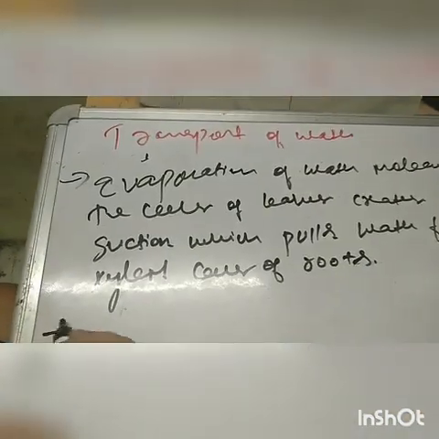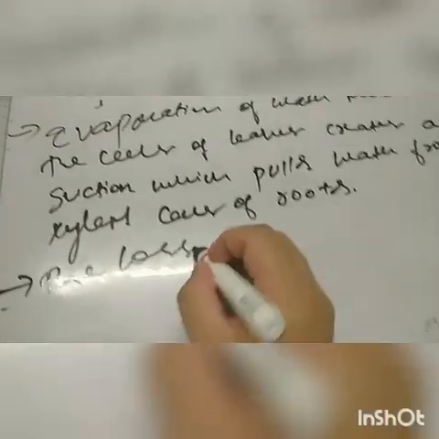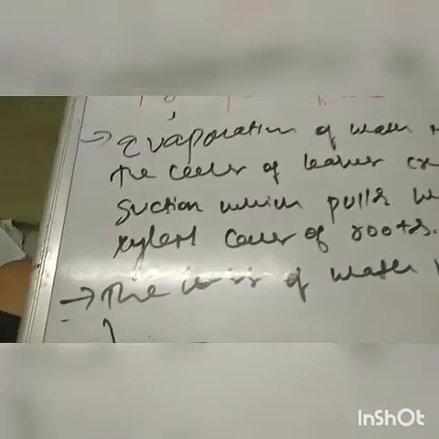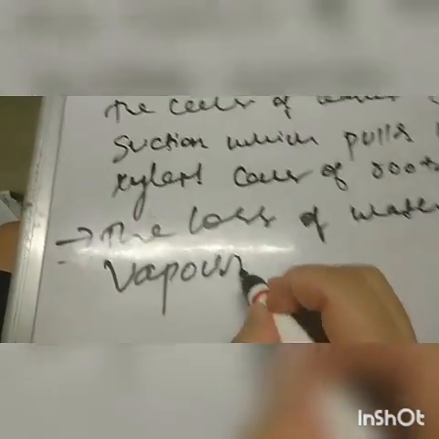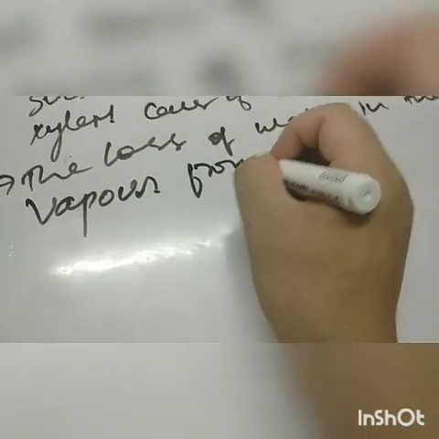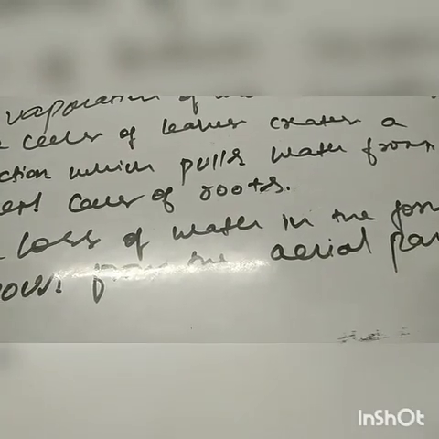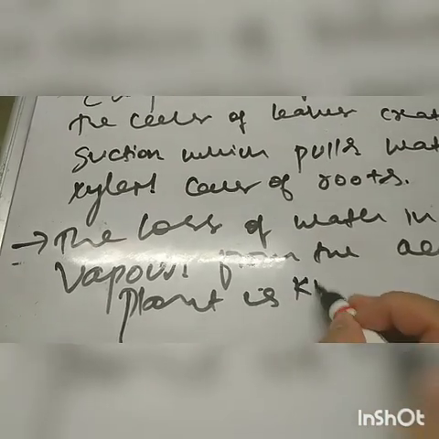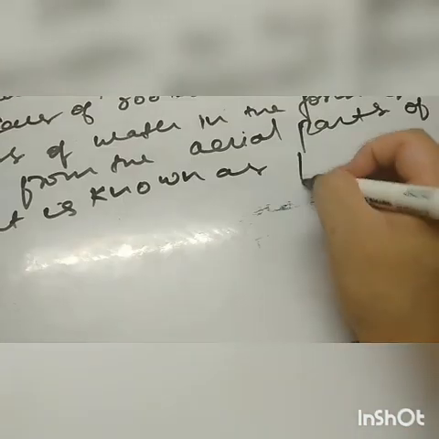Right. So the loss of water in the form of vapor from the aerial parts of plant is known as transpiration. Right. I think you are clear.